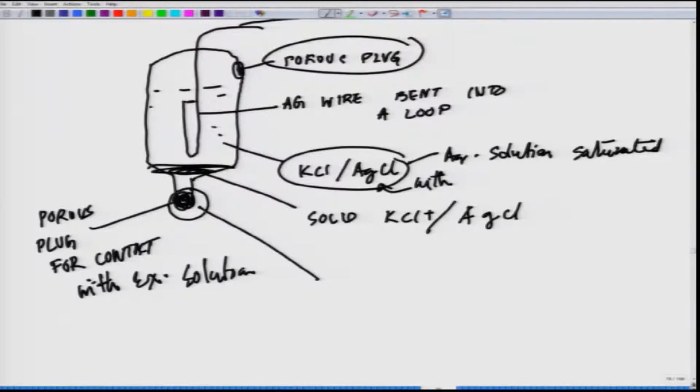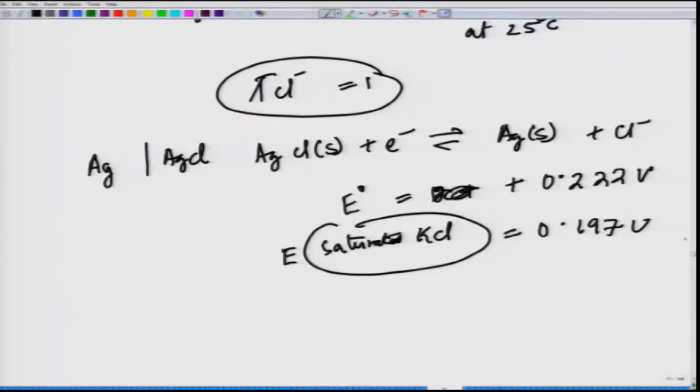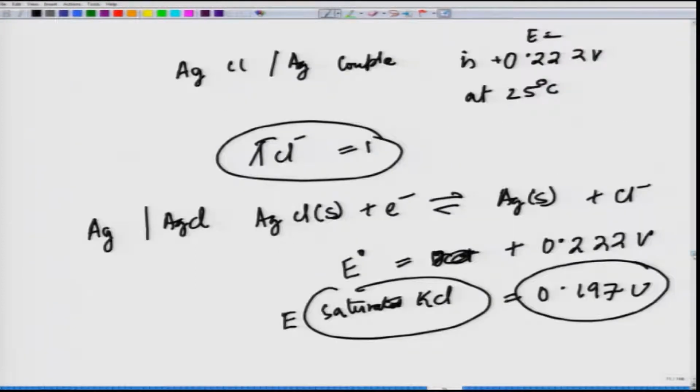So, the outer compartment must be refilled periodically with the KNO3 solution. Okay. So, these are some of the very first reference electrodes which get away from the hydrogen electrode or standard hydrogen electrode. So, the idea is that if you use this value with respect to SHE, then this becomes your reference point.